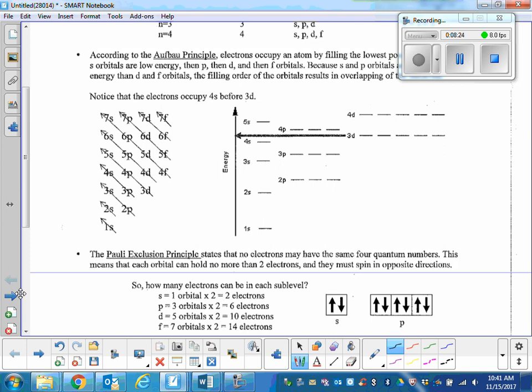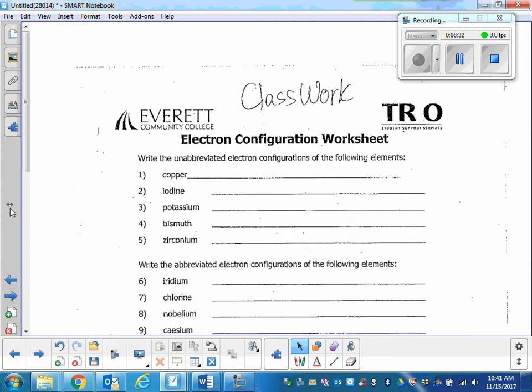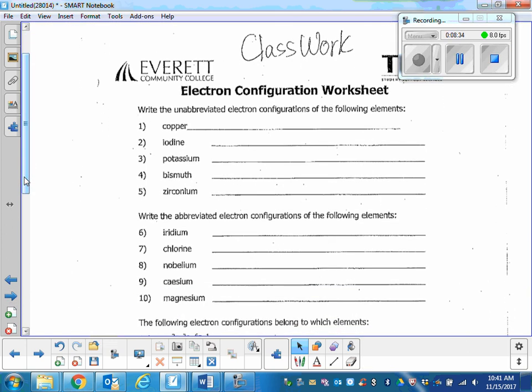Okay, so we are going to write the electron configuration for a few elements. All right? I'm going to start writing out the electron configuration of iodine. Do you now have your whiteboard filled out? Can you fill out your whiteboard with the SPDF orbitals and the energy levels?